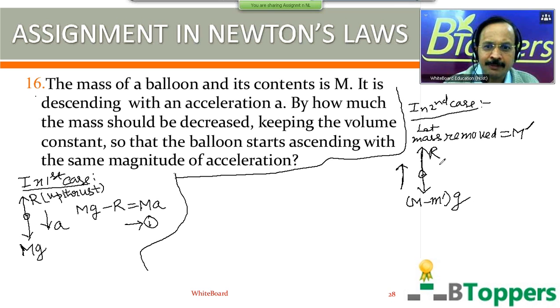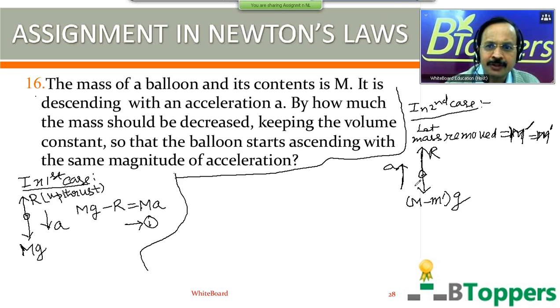You are asked to find the mass m dash which should be removed from the balloon so that it starts moving upwards with the same magnitude of acceleration a.